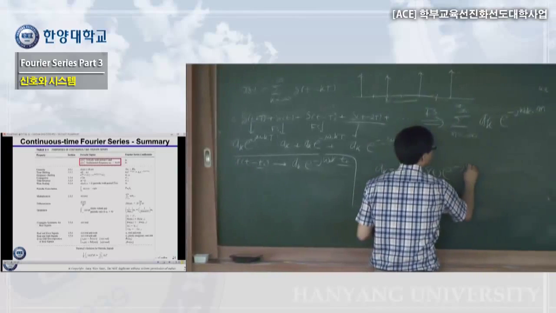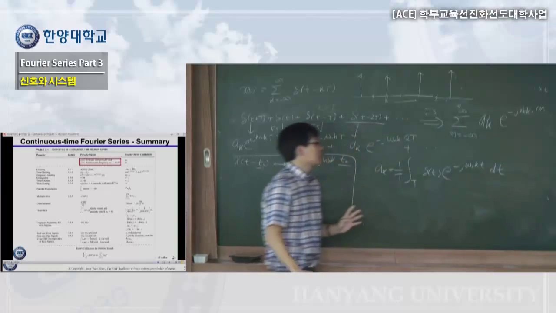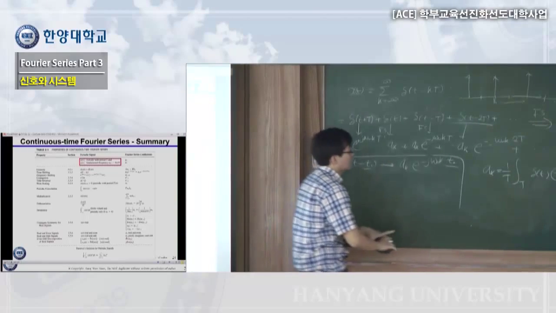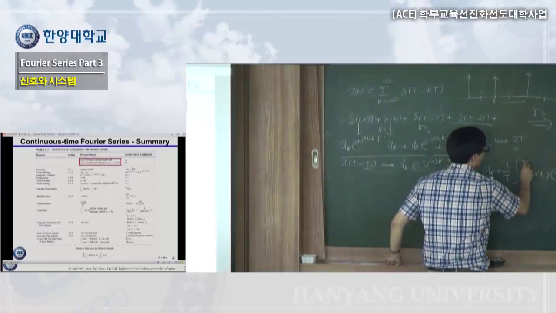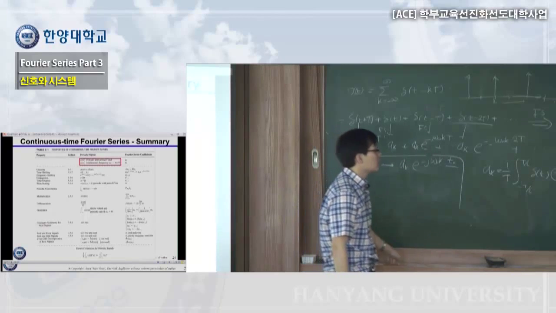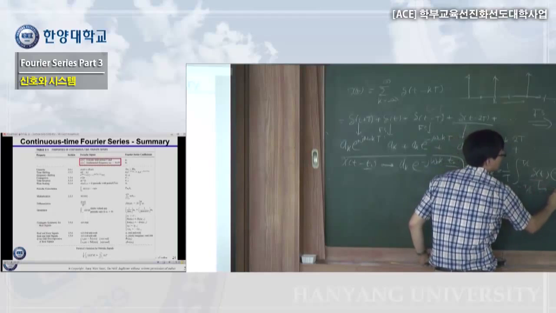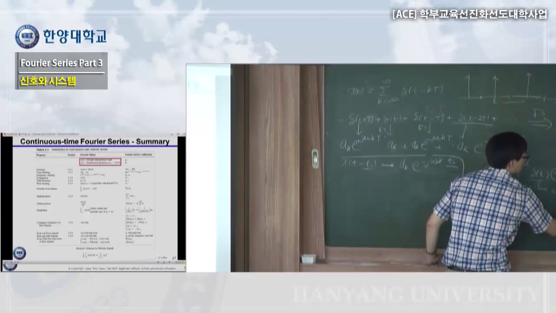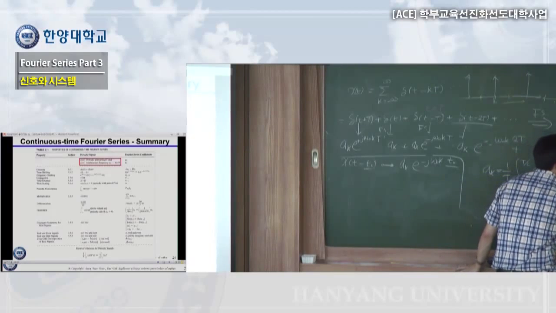So what is it? Say we are integrating from minus T over 2 to T over 2, which is the first one we derived before. This becomes 0 except at t equals 0.